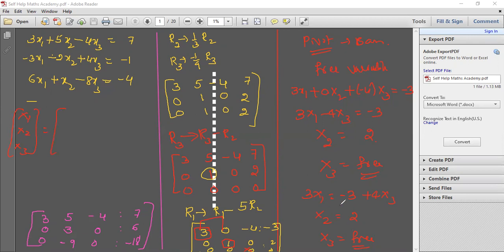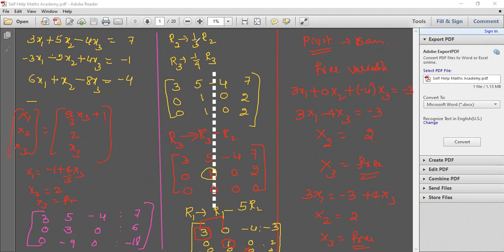If you divide this by 3, your x1 will be equal to minus 1 plus 4 by 3 x3, and x2 is 2, and x3 is free. So here I'll write x1 as 4 by 3 x3 minus 1, and x2 is 2, and x3 is x3. Free means that only I will write.